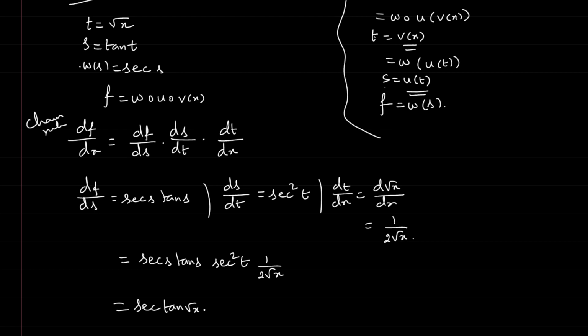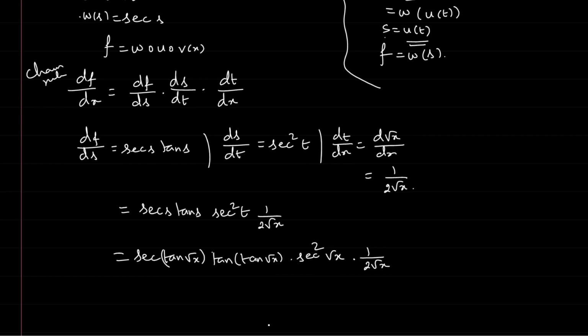So this is secant of tan root x, then tan of s, where s is equal to tan t, t is equal to root x, then secant square of root x, and 1 by 2 root x. So this is a very simple problem based on these composite functions by using chain rule.